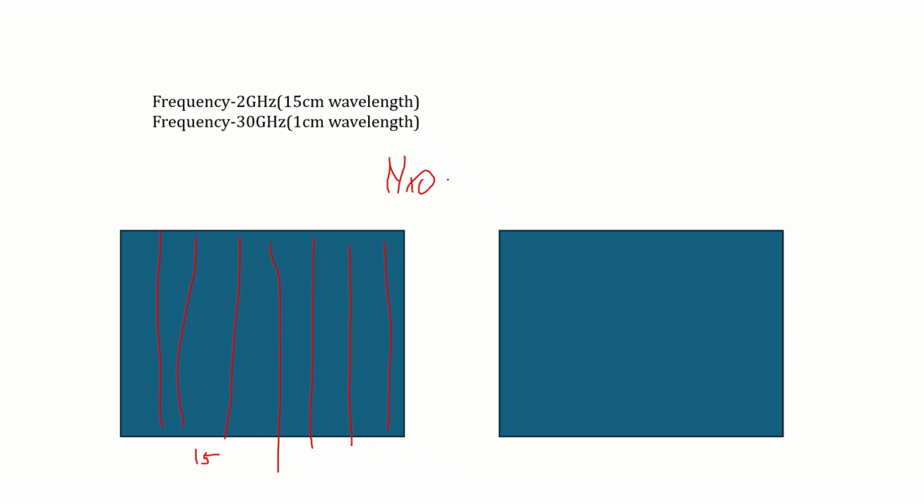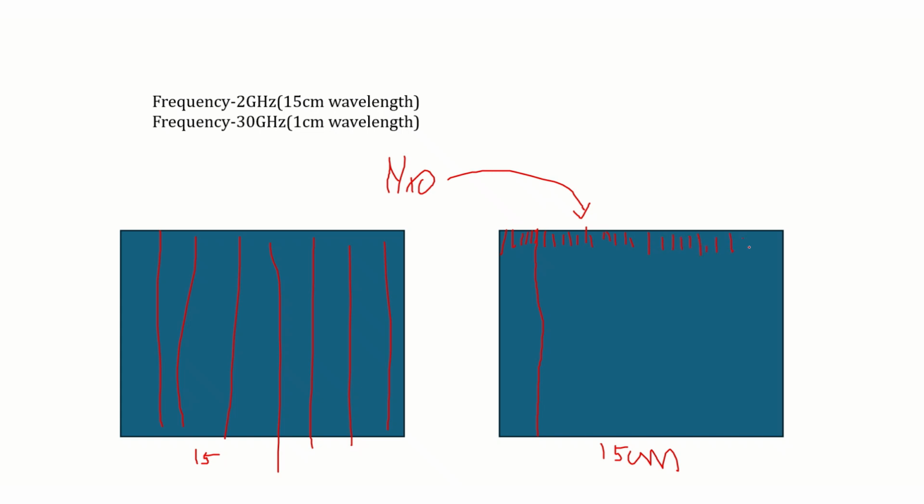If we use the same geometry of 15 centimeters, but the frequency of our simulation is 30 gigahertz, that means our lambda is 1 centimeter. That means if we have a dimension of 1 centimeter, this 1 centimeter has to be divided into 10 elements. So each and every 1 centimeter has to be divided into 10 elements.